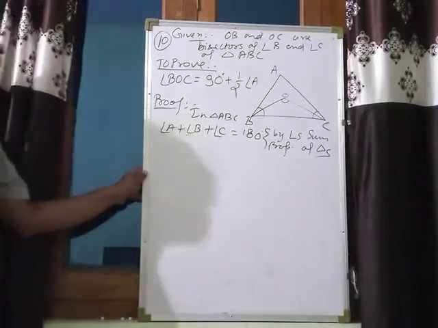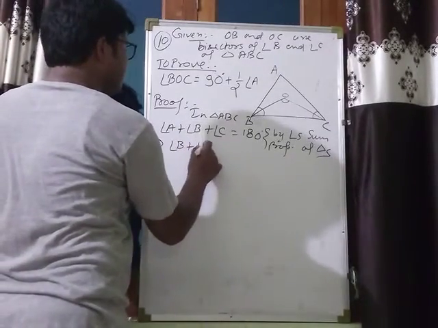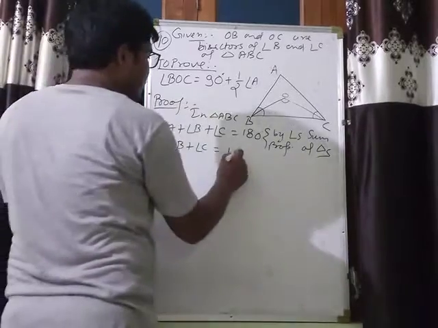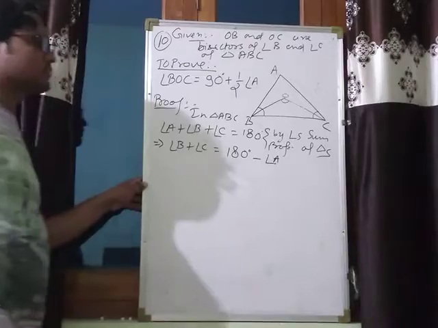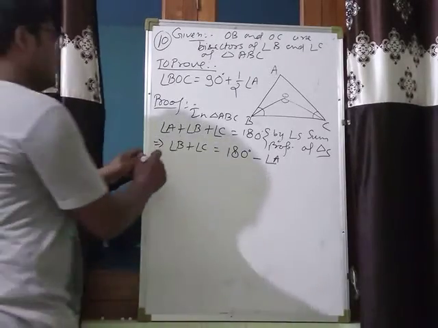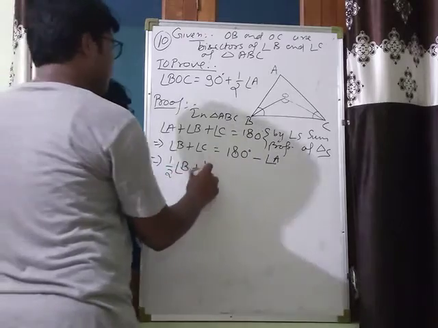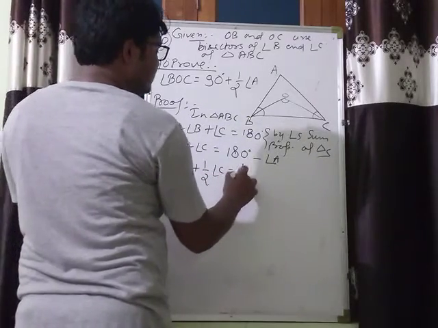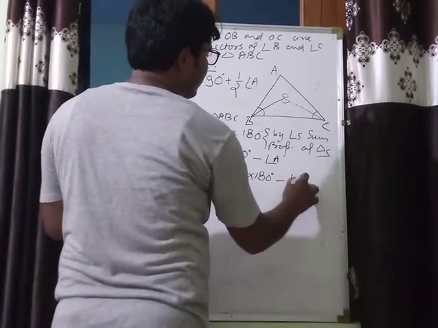So clearly from here, angle B plus angle C is equal to 180 degree minus angle A. Then from here, half of angle B plus half of angle C is equal to half of 180 degree minus half of angle A.